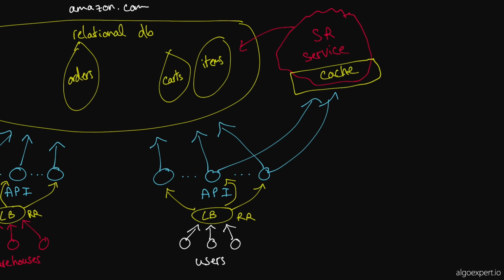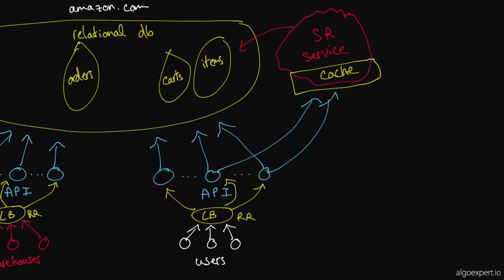And for these, based on a lot of other factors like their location or their age, our search results service is going to cache the responses so that the API servers just immediately hit the cache and return the items to the users. That's going to make our searching much faster. So that is the search results service.